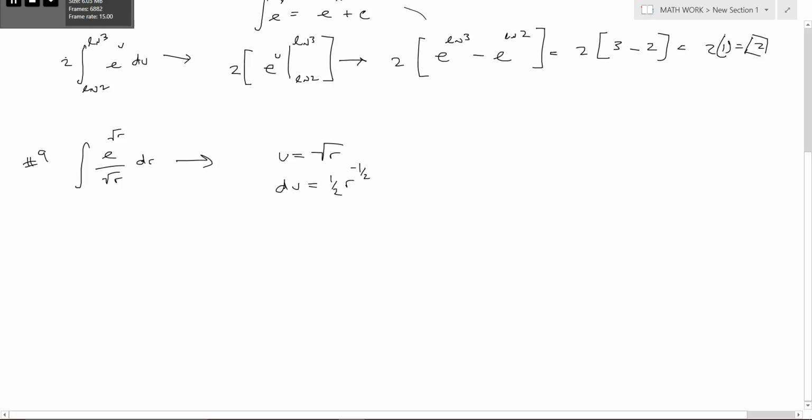Anytime you differentiate a square root, you're always going to end up with 1 over that square root in the expression after you differentiate it, as we have here. So we have now 1 over 2 root r, right?